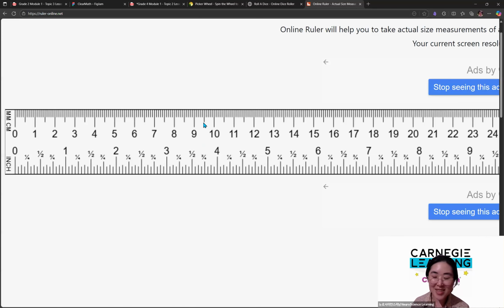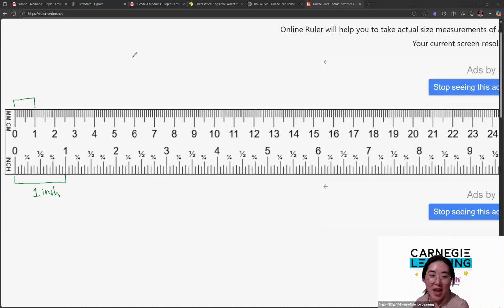and I'm going to show you quickly how to use an inches ruler. So you can see my screen, right? So at the top is centimeters, which we all use, and the bottom here is inches. So 1 inch is this long. So how long is 1 inch in centimeters? 2.5 centimeters.